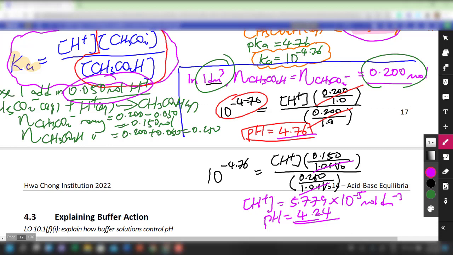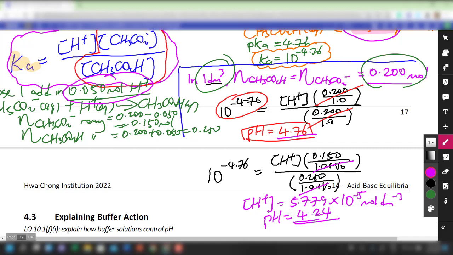So the pH drops by 0.52, but it still holds on to pH quite well. It's only a drop of about 0.5, not to 2 point something or 1 point something. That proves to you how the buffer works, because of the combined action of both the weak acid and its corresponding salt.